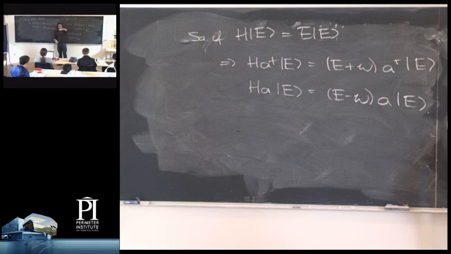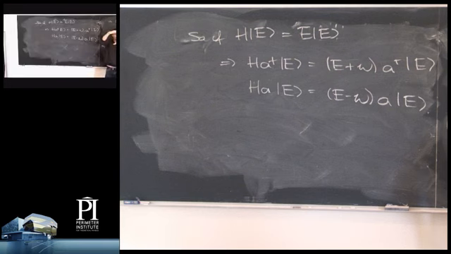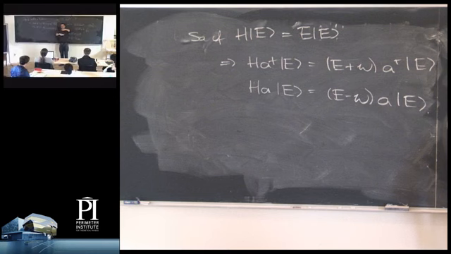If there's one with energy E, there's another one with energy E plus omega, and another one with energy E plus 2 omega, and so on. And there's one with energy E minus omega, and one with E minus 2 omega, and so on. But at some point, if we want to have a spectrum which is bounded below, this had better stop. And this stops only if A acting on one state vanishes, so that we don't have another state to go to.